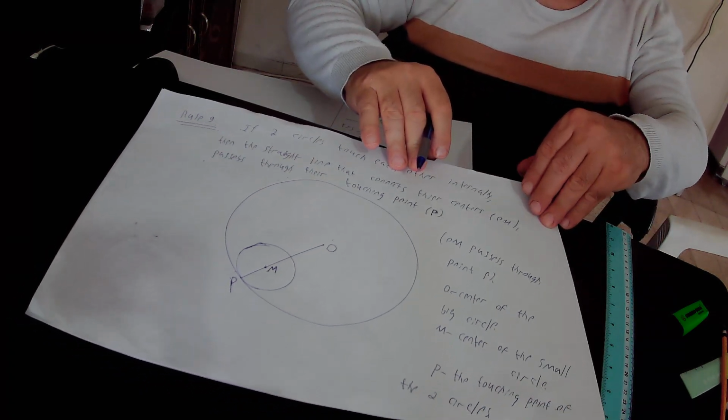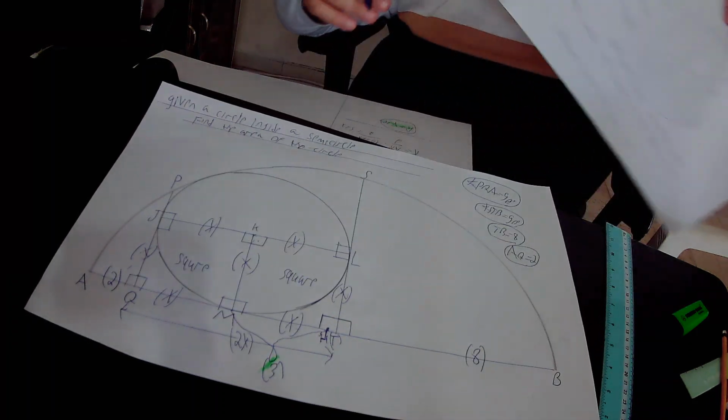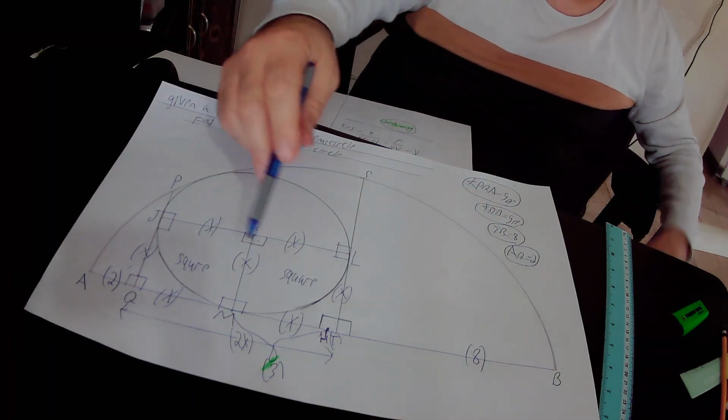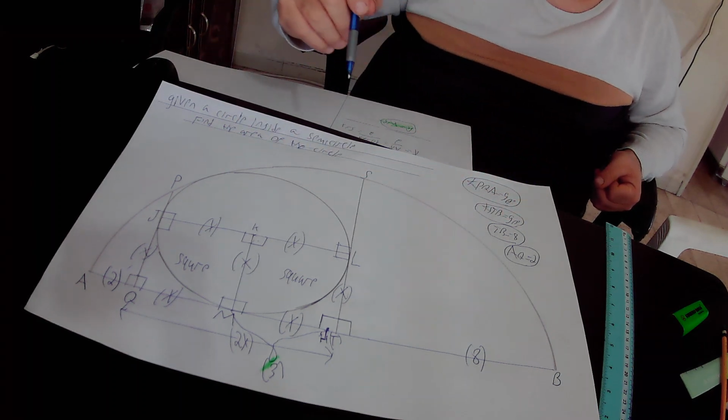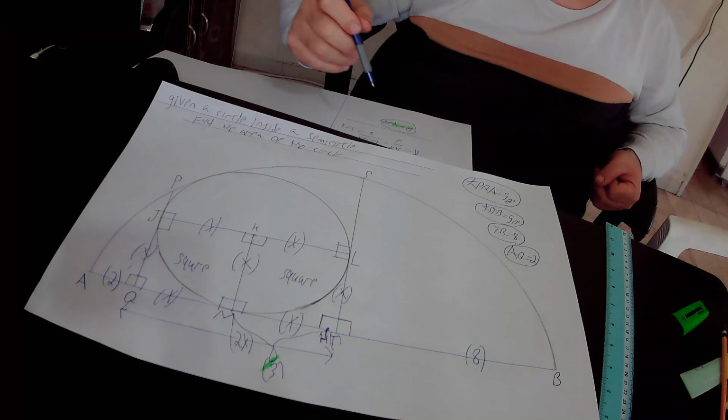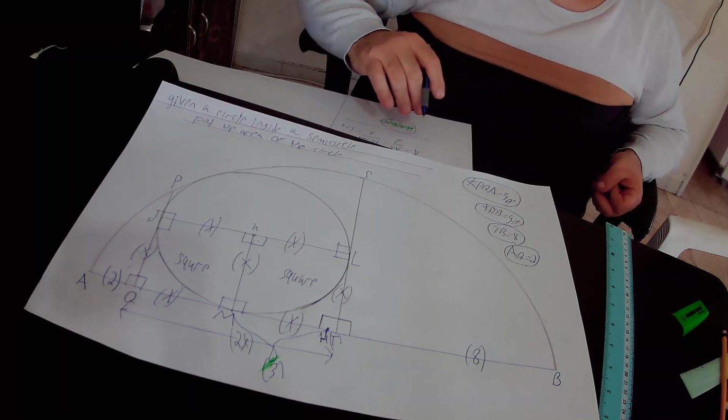So we can actually implement rule 9 in our drawing. Why? Because in our drawing we have an internal touch between the small circle and the big semicircle. Therefore, we can implement rule 9 here.